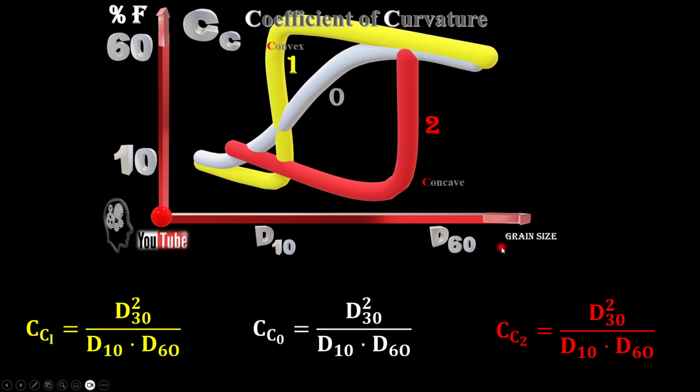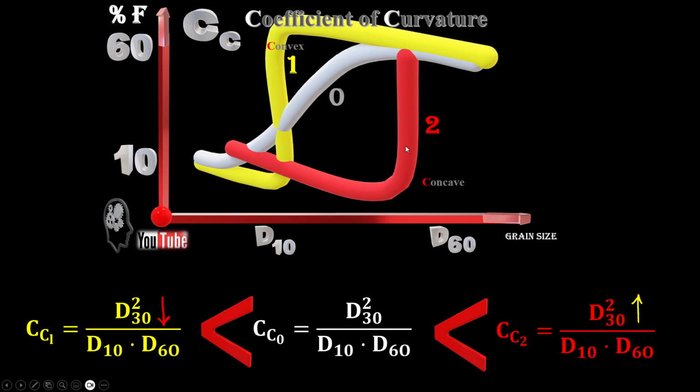For the second sample, C sub C2 is again the same formula, but the difference is that CC0 is higher than CC1 and less than CC2. Let's see what's happening there. In the first sample, the convex shape, D30 is decreasing from the original one, and in the second case, which is the concave one, D30 is increasing.